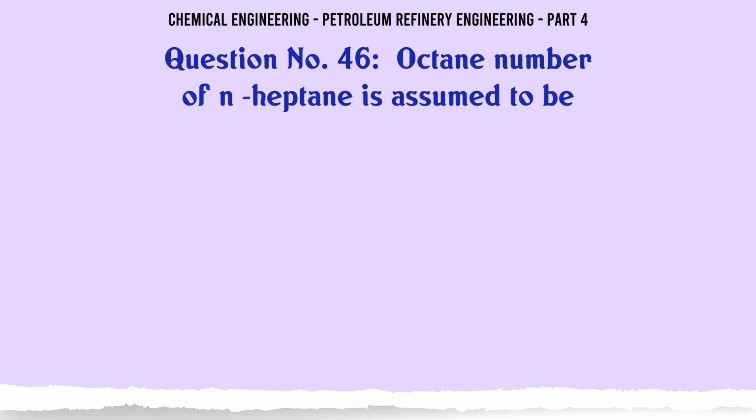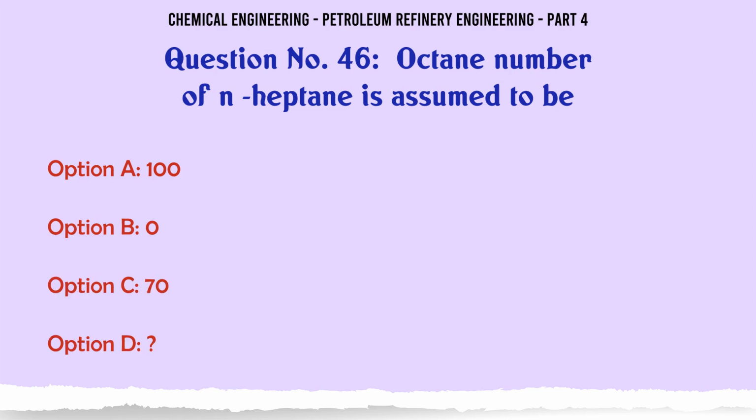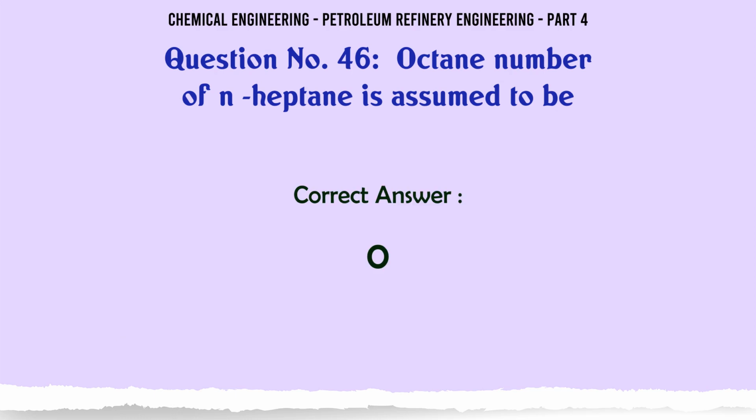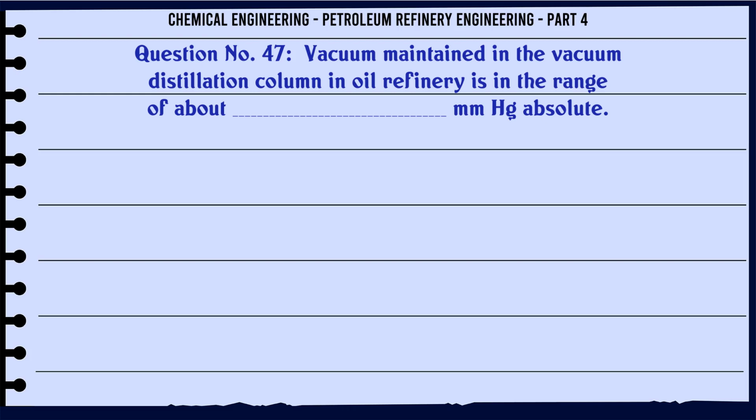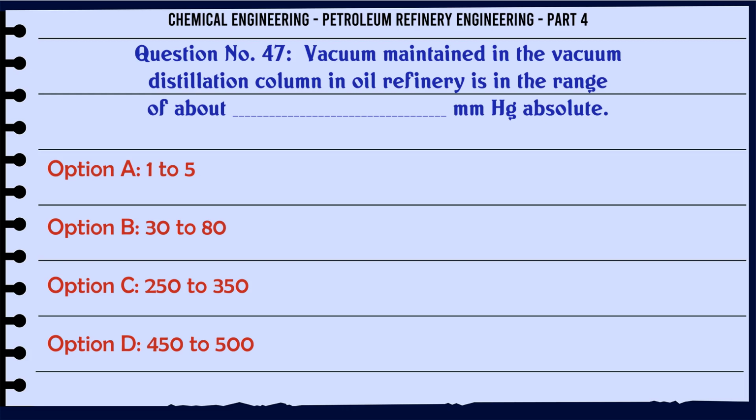Octane number of n-heptane is assumed to be A. 100. B. 0. C. 70. D. The correct answer is 0. Vacuum maintained in the vacuum distillation column in oil refinery is in the range of about blank mmHg absolute. A. 1 to 5. B. 30 to 80.